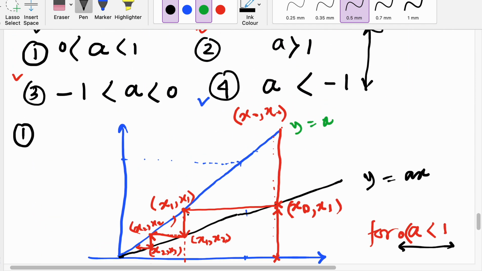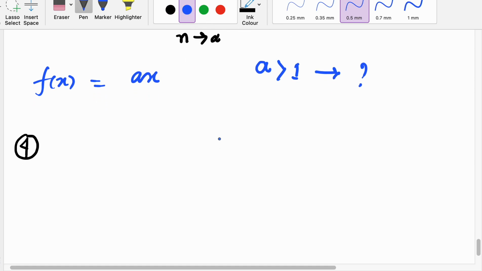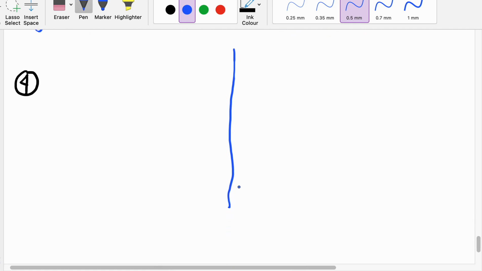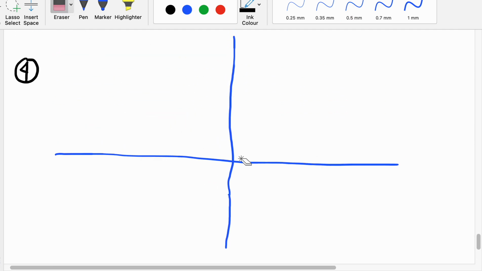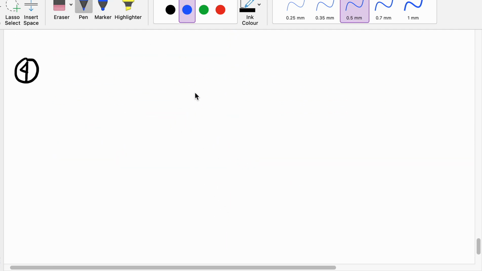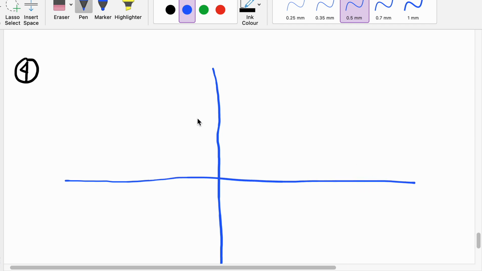So let me draw the cobweb diagram for a less than -1.